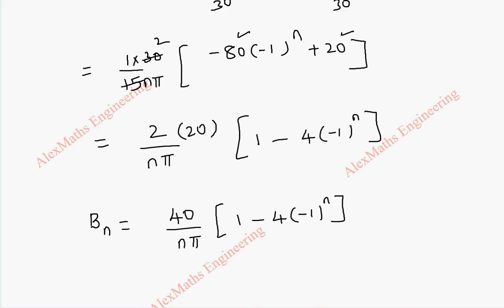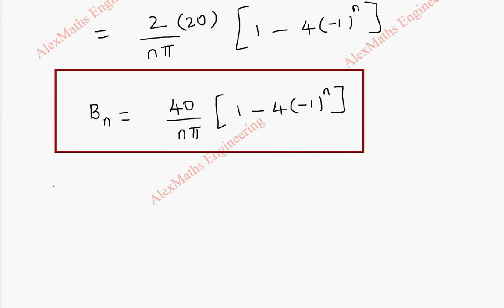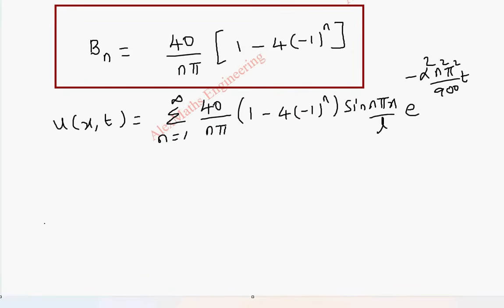And this we are going to substitute in our solution. That is, our solution u of x comma t equal to summation n is from 1 to infinity bn, which is 40 by n pi into 1 minus 4 into minus 1 whole power n, and sin n pi x by L e power minus alpha square and n square pi square by 30 square, which is 900, into t. And here we can take the constants outside the summation, to give the final solution. So u of x comma t is 40 by pi, which is a constant and can be taken outside.